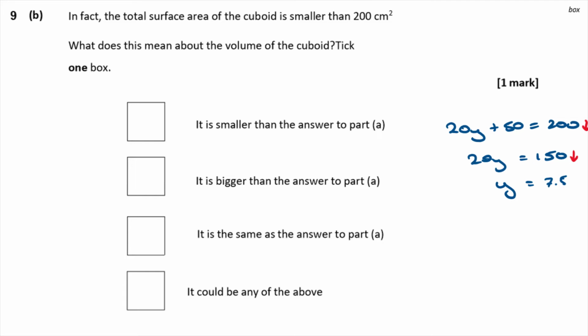So then the volume, which was 5 times 5 times y, is going to be smaller than it was. So it is smaller than the answer to part A.